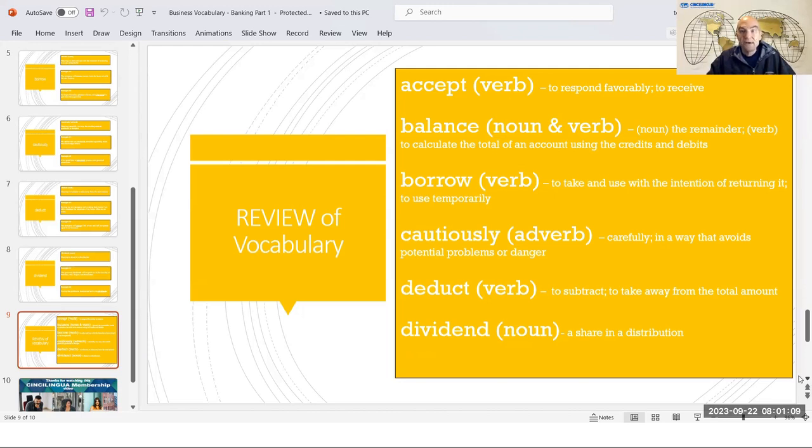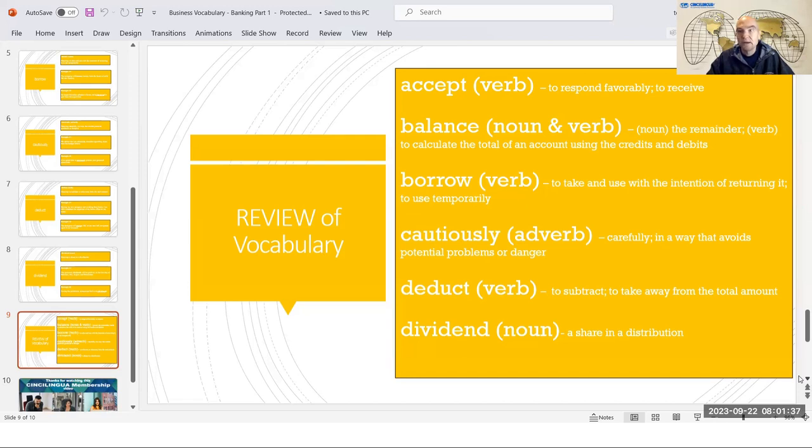Then we looked at this adverb cautiously, and I just noted that the related adjective is cautious. The related noun is caution. The adverb that we have here means carefully, in a way that avoids potential problems or danger.